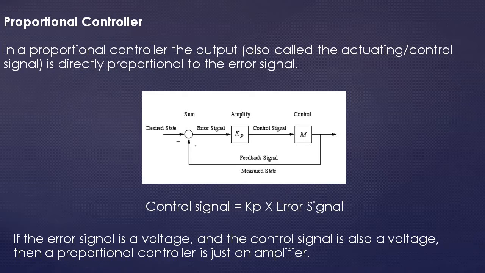If the error signal is voltage and the control signal is also voltage, then a proportional controller is just an amplifier.